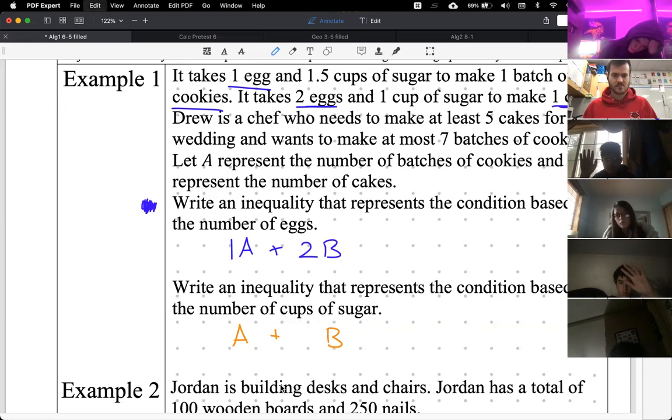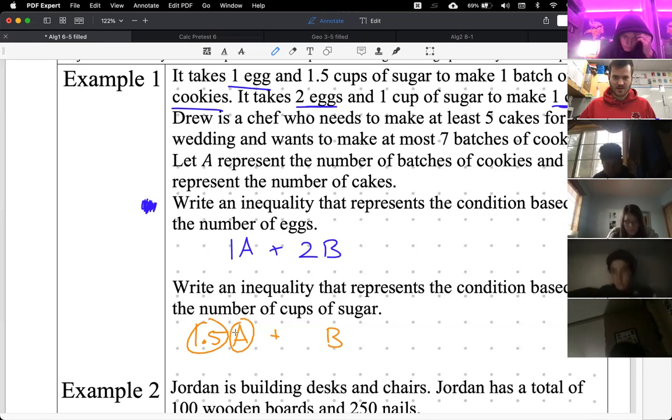I see multiple hands now. Yeah, Giorgio. For A, 1.5 cups of sugar. Yep. So this is saying 1.5 cups of sugar for every cookie. Okay.